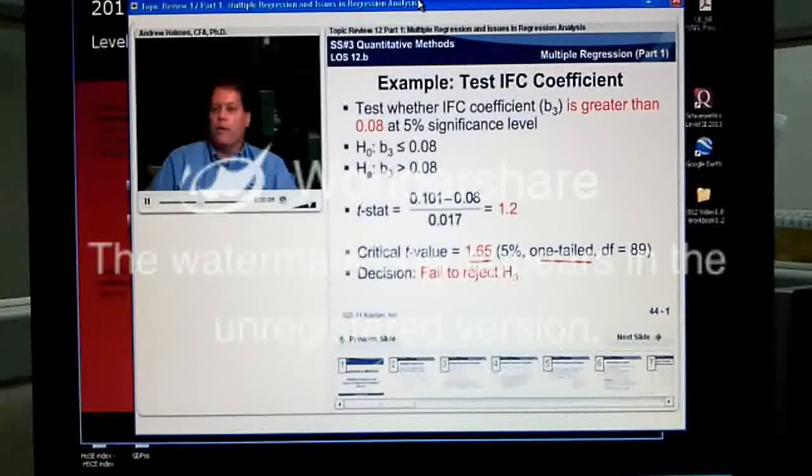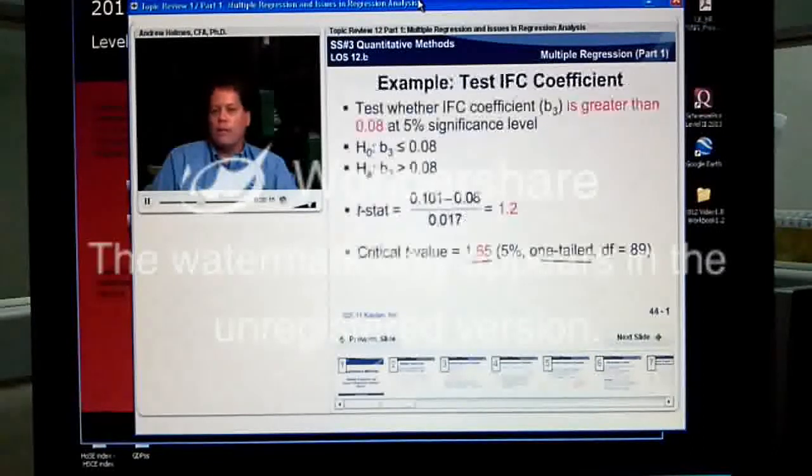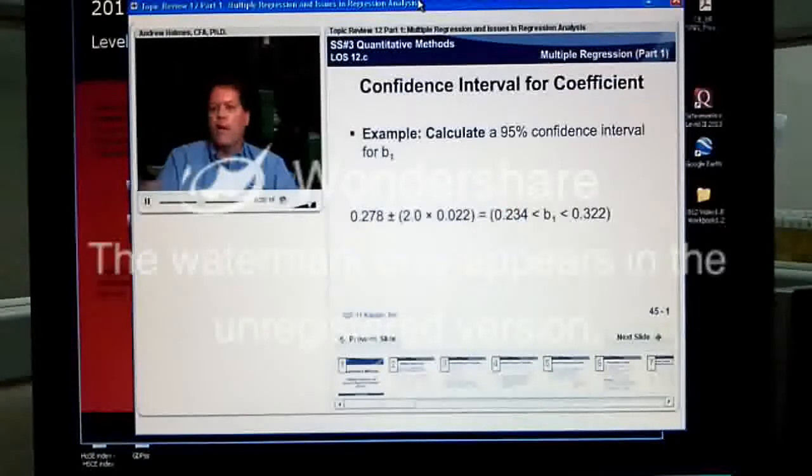Thought we ought to throw one of those in just to make sure that everyone understood that you can do that. What about confidence intervals? Remember, all the confidence intervals in the curriculum are going to be constructed the same way. That's a point estimate plus and minus a quantity based on a reliability factor and a variability factor.